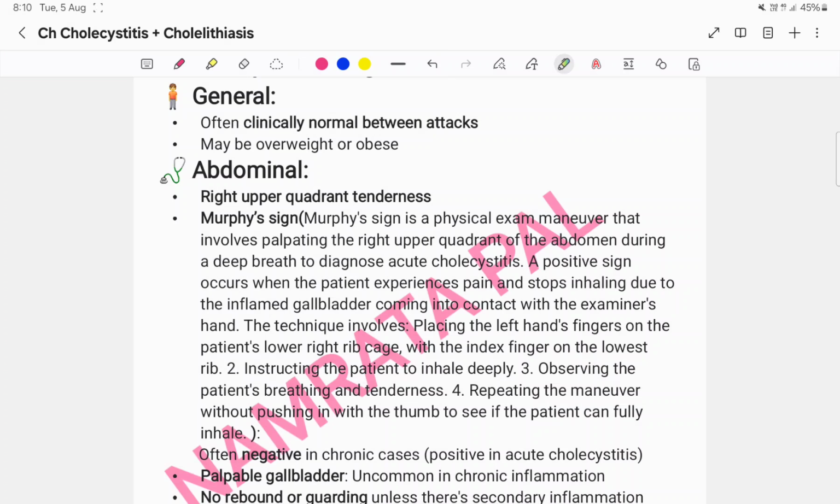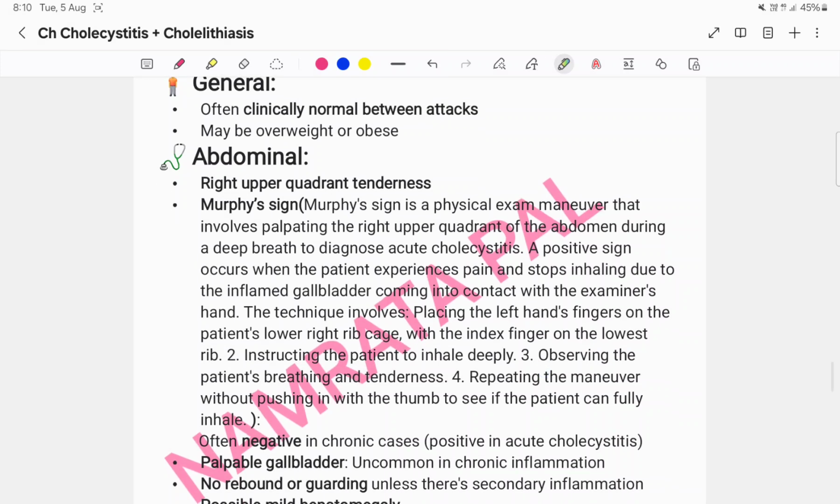One more point in inspection: whether the abdomen is moving symmetrically with respiration or not. In palpation, we have to palpate all the 9 regions of the abdomen. What are the 9 regions?